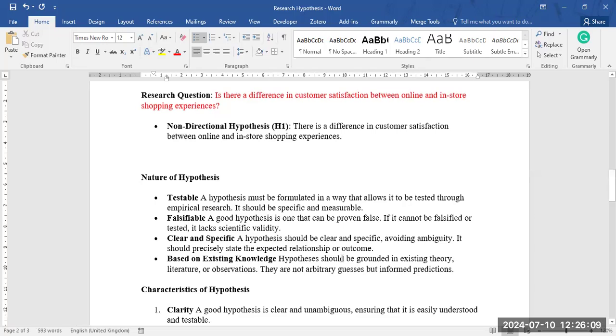Nature of hypothesis: testable, falsifiable, clear and specific, based on existing knowledge. Based on existing knowledge. So then we will see how the nature of the hypothesis is working.